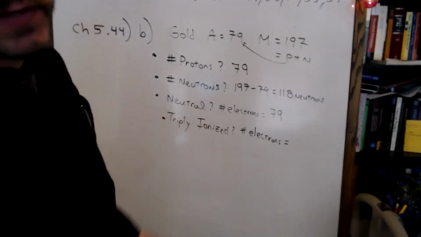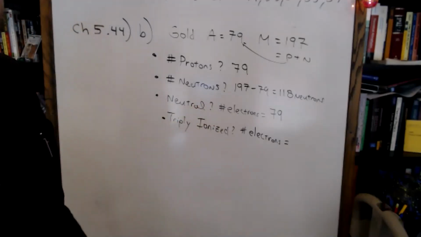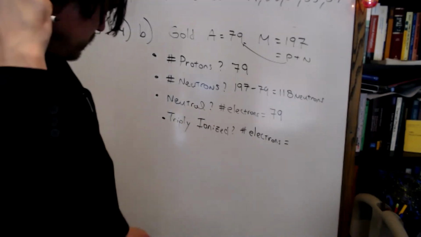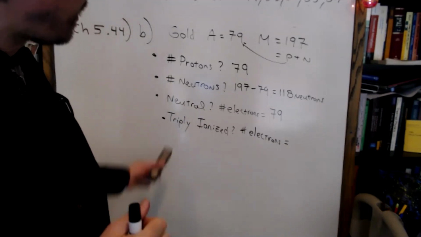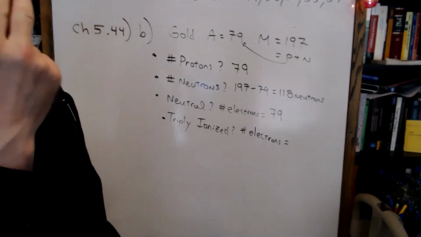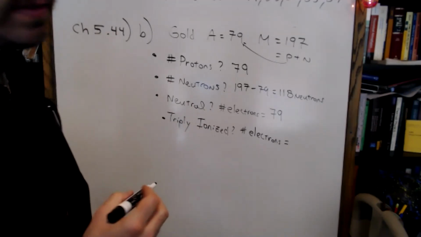Let's say they're removed. Usually you strip them off. So triply ionized, how many electrons are left? Would you just remove 3? Yeah, that's what triply means, 3 times. Oh, then that's 76.